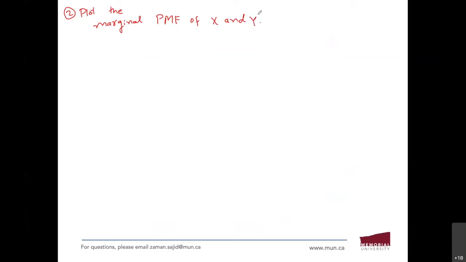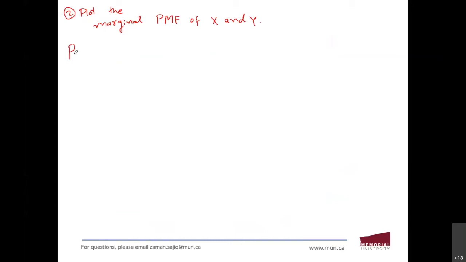Now, in order to draw the probability mass function, first we need to find those values. I'm going to do it for x first, and then I will do it for y.